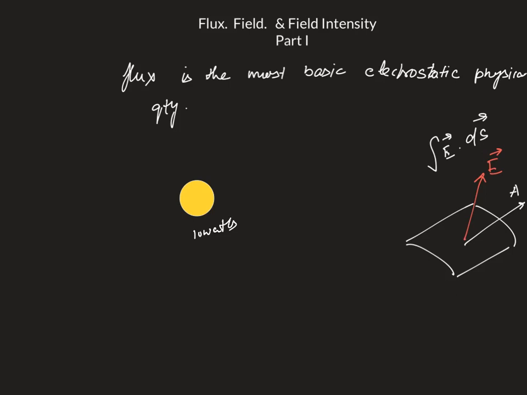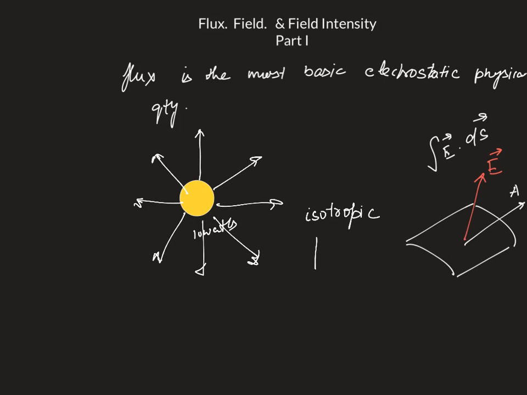And this bulb releases light in all directions. And the light being released is isotropic in nature. What is isotropic?